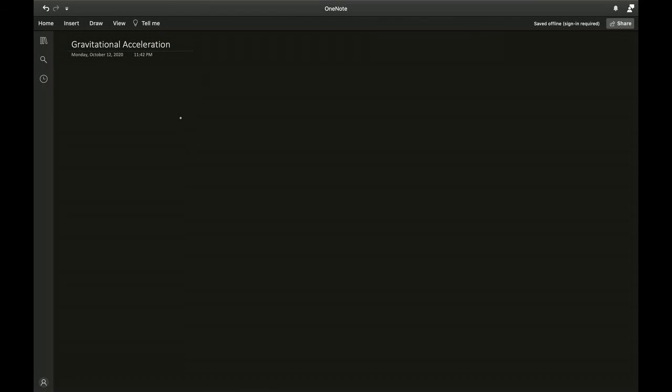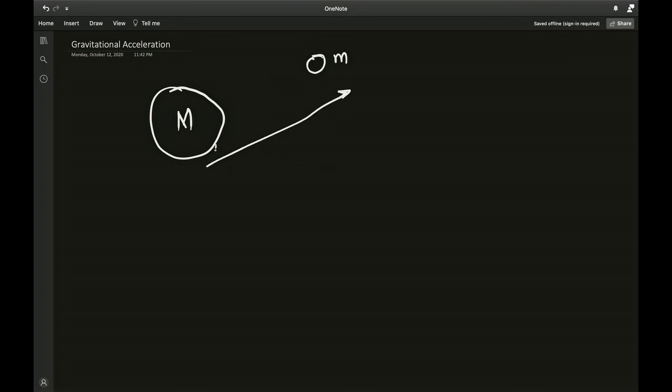Say you have a big mass M, and a small mass m at some arbitrary distance x from the mass, and the Newtonian gravitational force is given by G, the universal gravitational constant, capital M small m over the distance of separation squared between them.